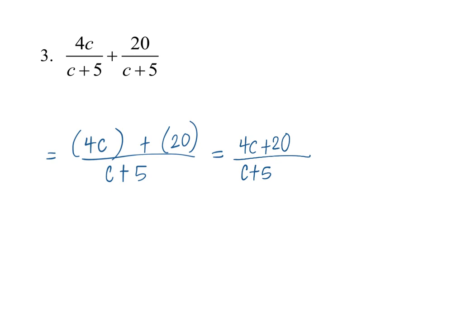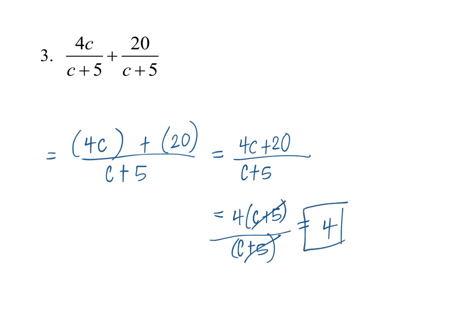Now, once I perform this addition and combine like terms, if there are any, I want to make sure that my result is simplified. So I need to, if anything, factor it. Well, I can pull out a 4 from the top and be left with c plus 5 all over c plus 5. And this factor of c plus 5 in the top and bottom cancels just to leave us with 4.